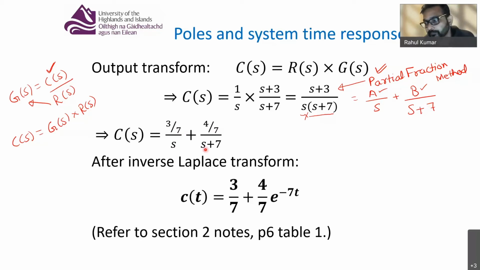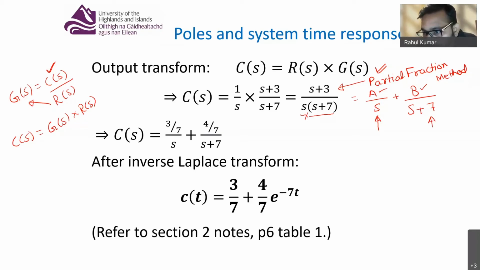Now, why am I doing that? One of the biggest questions: why should we do that? If you note the denominator in the first part and the denominator in the second part.